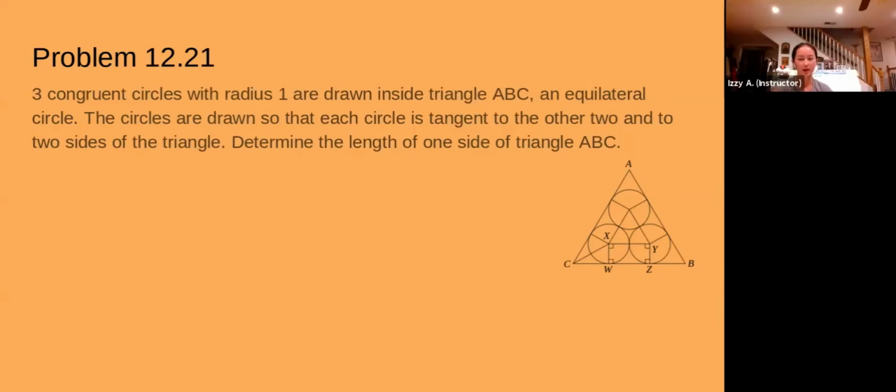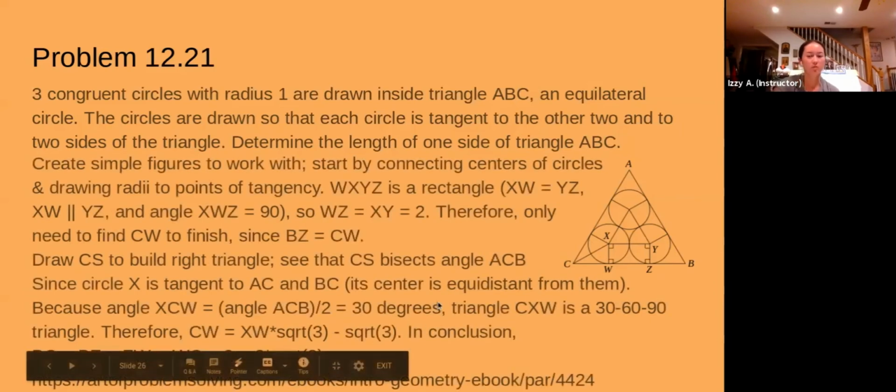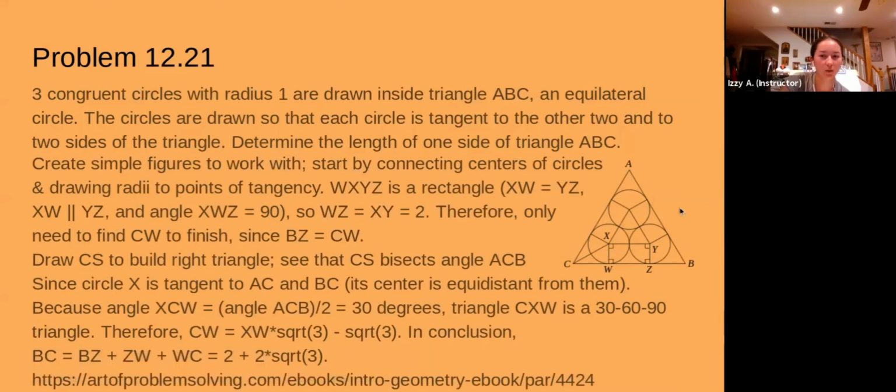Okay, I'll go ahead and go over the problem. So what we want to do is create simple figures to work with. We start by connecting the centers of circles and drawing radii to points of tangency. So let's look at rectangle WXYZ.